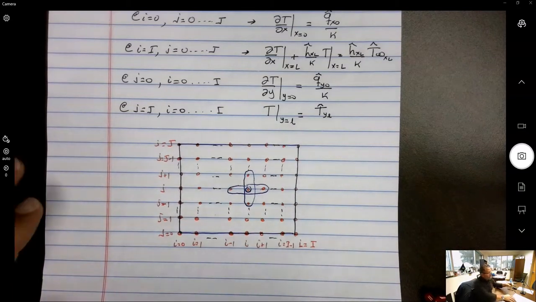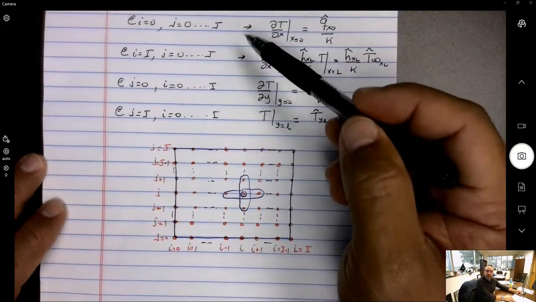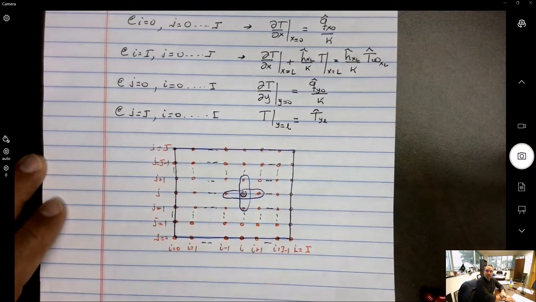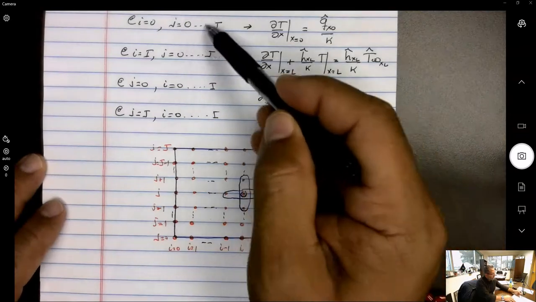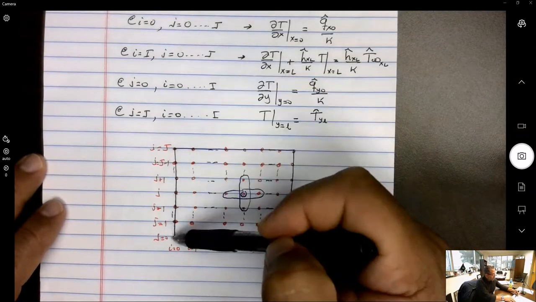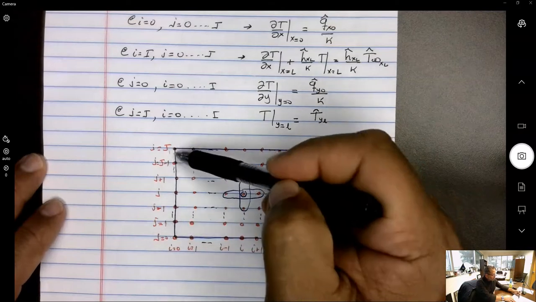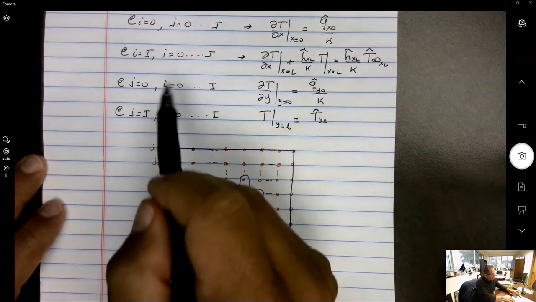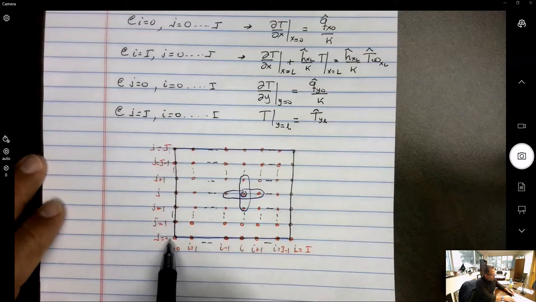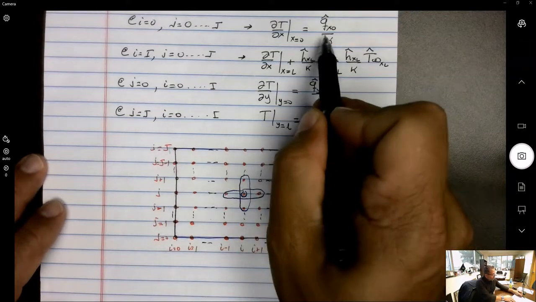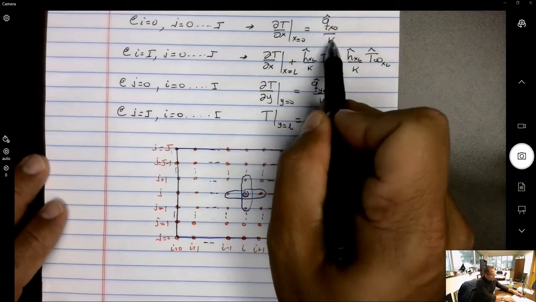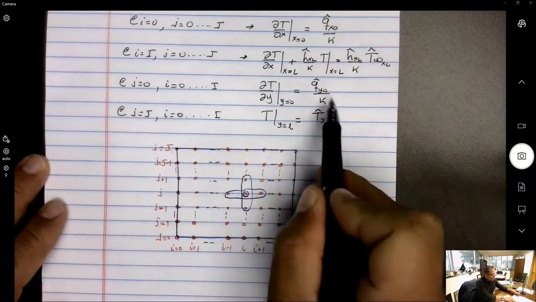Also, notice that when we implement the finite differencing approach for the corners, for the edges. So for example, at I equals 0 for all values of j, so for all these nodes, we're including the corner nodes. So in this corner, for example, j equals 0, I equals 0, we are implementing this boundary condition, but we are also implementing this boundary condition.